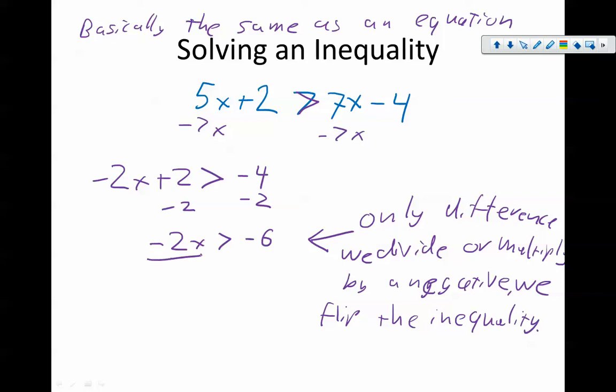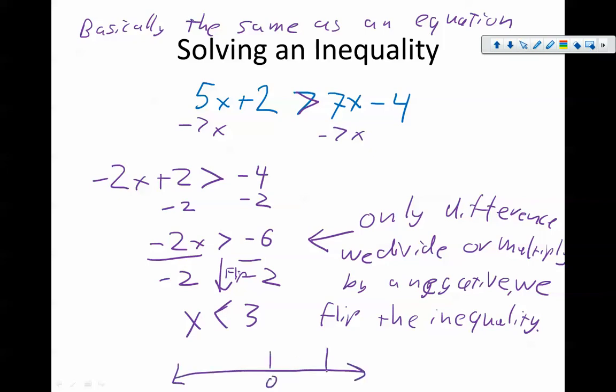So right here, this next step, we're dividing by negative 2. Because we're dividing by negative 2, I need to make sure that instead of this being a greater than sign, it's a less than sign. So right here, we flipped. We went from a greater than to a less than. So if I were to draw this, it would be a 3.